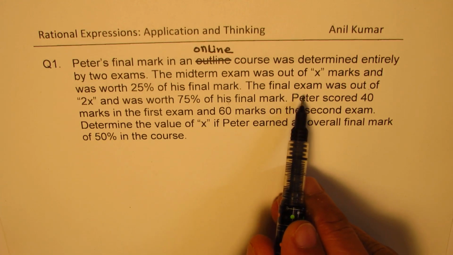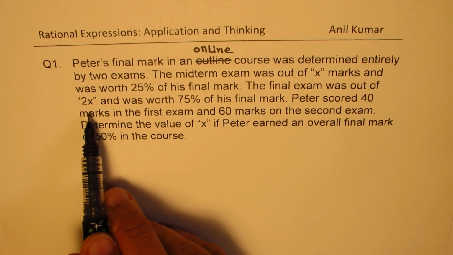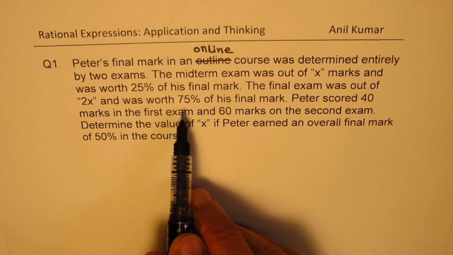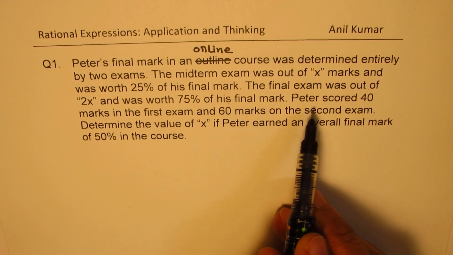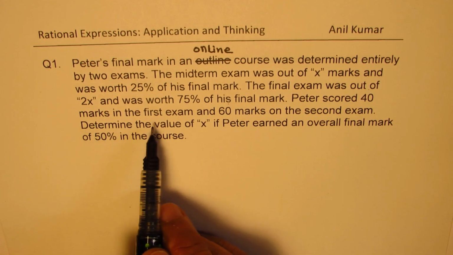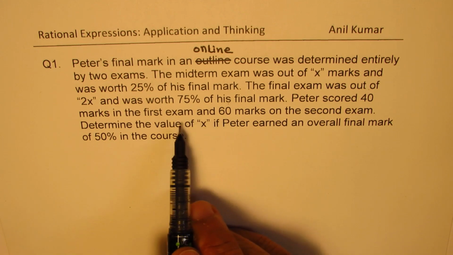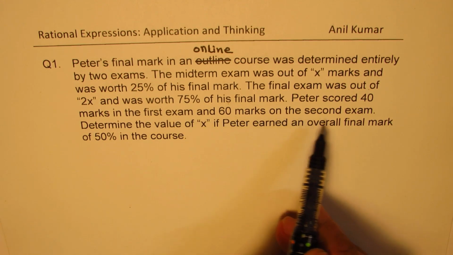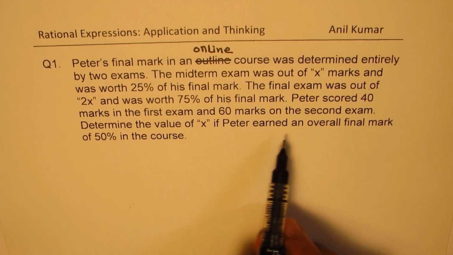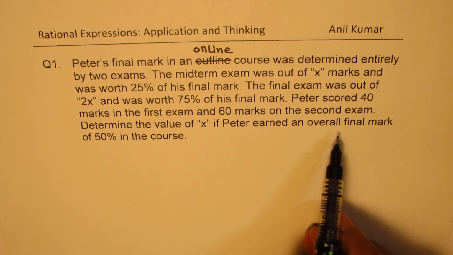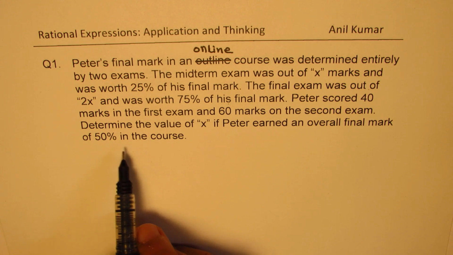The final exam was out of 2X and was worth 75% of his final mark. Peter scored 40 marks in the first exam and 60 marks in the second exam. Determine the value of X if Peter earned an overall final mark of 50% in the course.